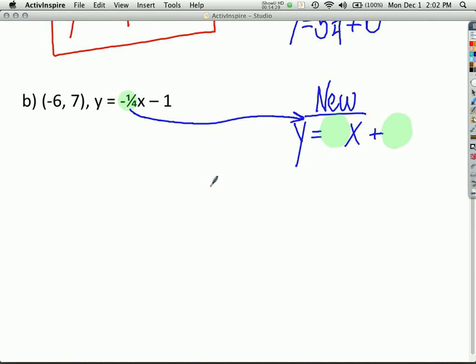Deja? Perpendicular. And so what do we have to do to the slope before we put it into our new equation? Em? Yeah, flip and flip. Flip the sign, flip the number. So negative 1/4. Flip the sign, flip the number. What's it going to turn into?